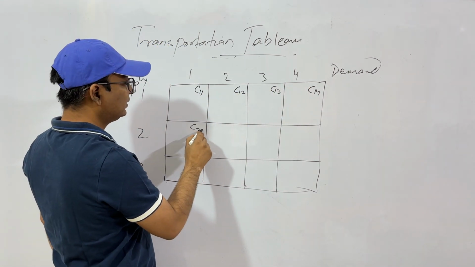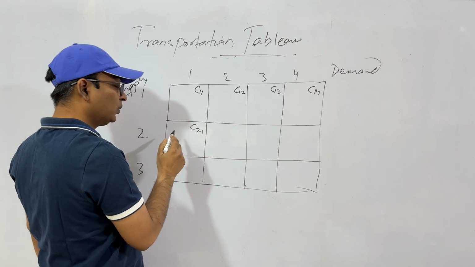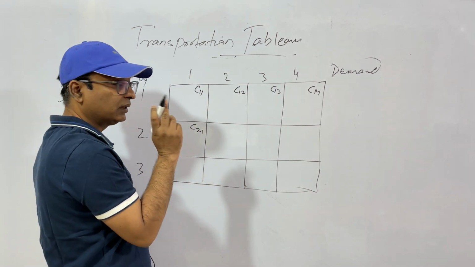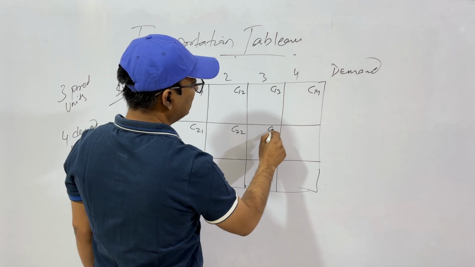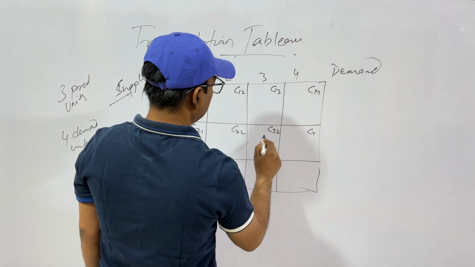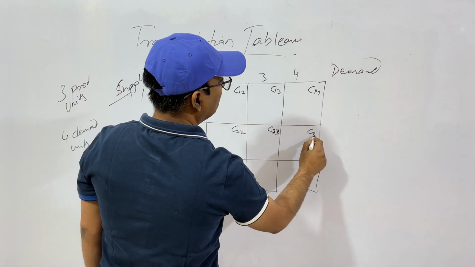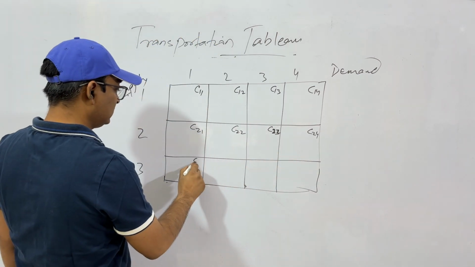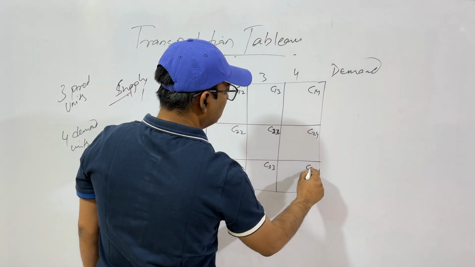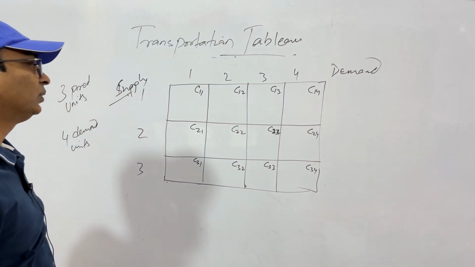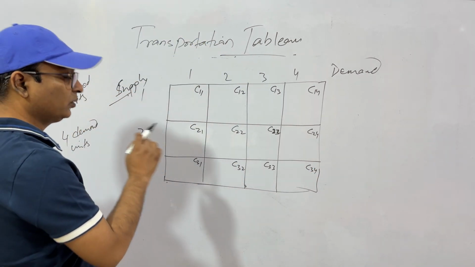Similarly, here will be C21, the cost of transportation per unit, from 2 to 1. Then C22, C23, C24, then C31, C32, C33, C34. This way we write the cost of transportation.